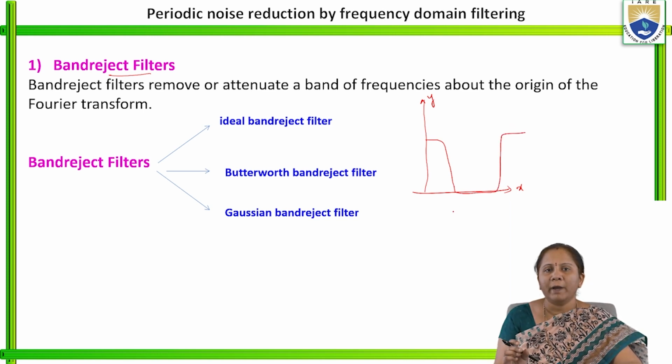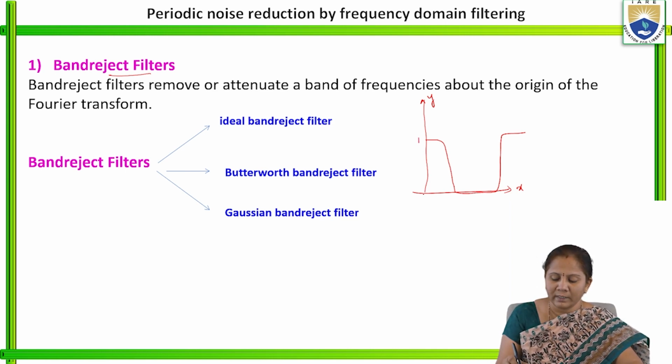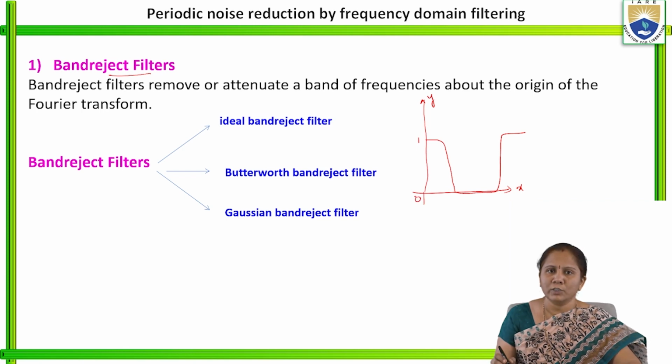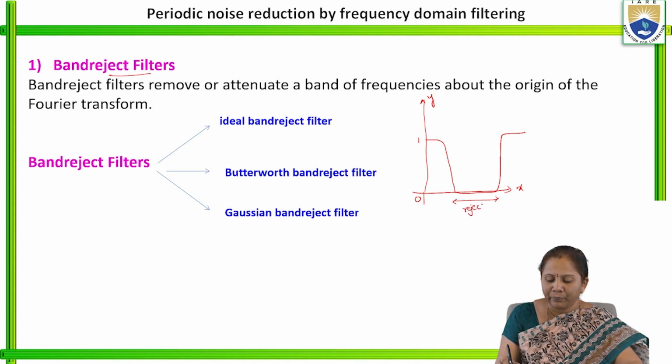That means a band of frequencies will be rejected. Here the amplitude is 1, and here the amplitude is 0. These are the band of frequencies that are 0, which means these are the band of frequencies that are rejected.